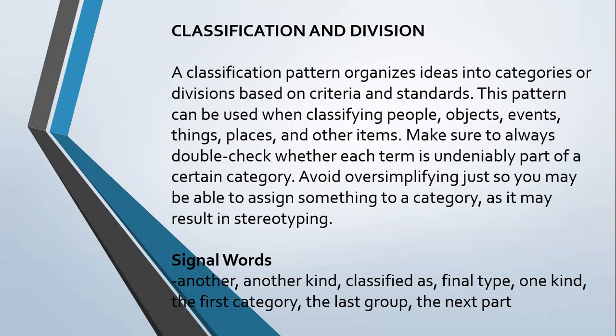Say classification and division are going to divide, classify, categorize ideas based on their similarities or based on their characteristics. So if they have the same characteristics, they can be categorized under a similar category or similar idea.